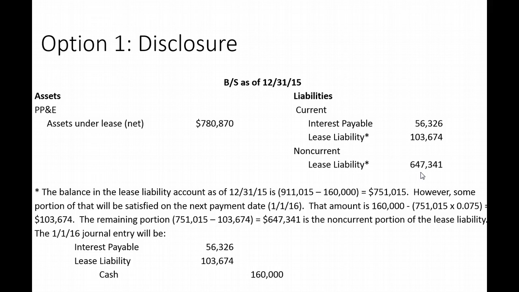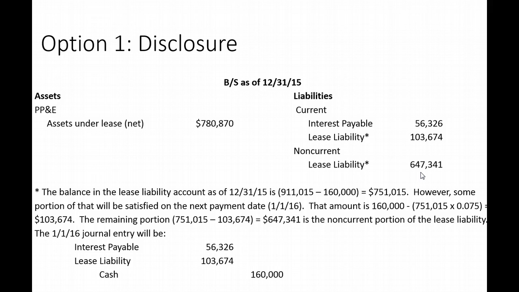Most important is that you recognize that in fact the total balance of the lease liability is $751,000. And then, since we've already done the interest expense calculation on December 31st, you can take the difference between the January 1st payment and the interest payable, and that difference is the current portion of the lease liability.